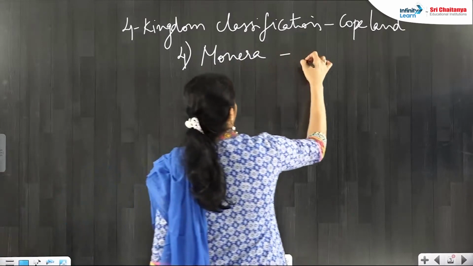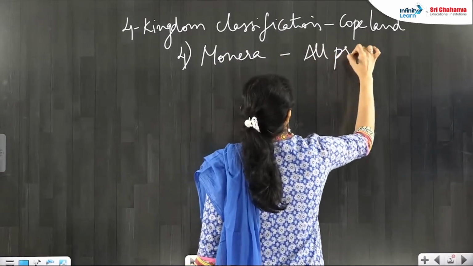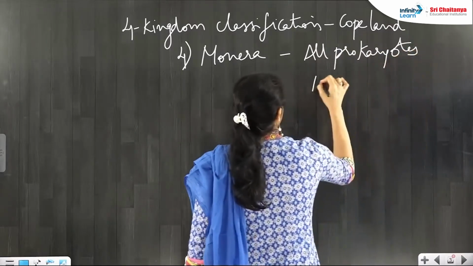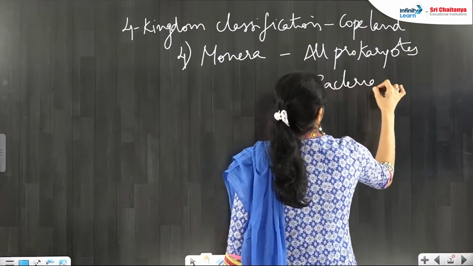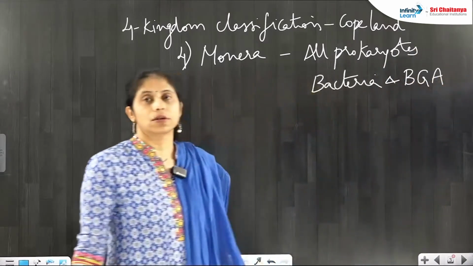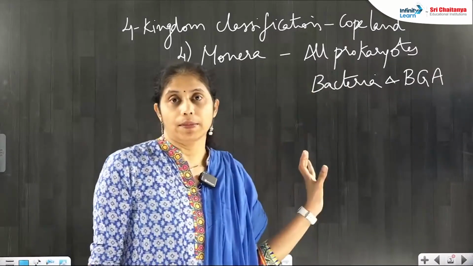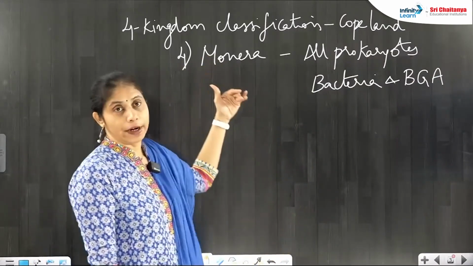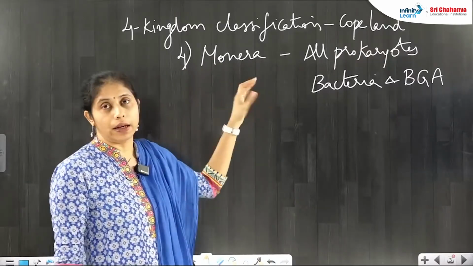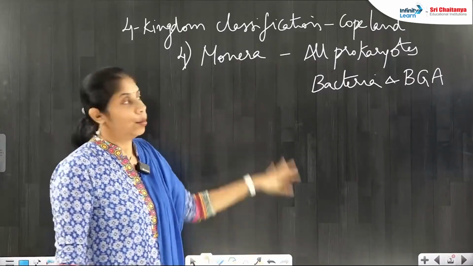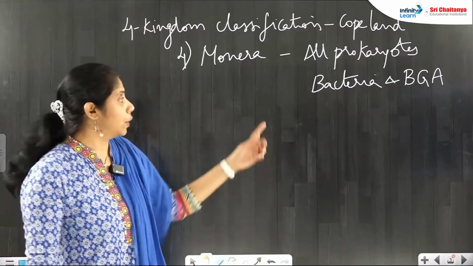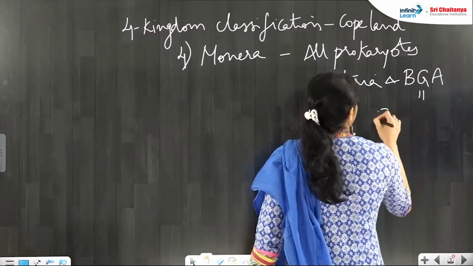He separated all prokaryotes like bacteria and blue-green algae, BGA, which are also called cyanobacteria. All prokaryotes Copeland separated from the plants kingdom and made the next kingdom called Monera. Monera includes all prokaryotes, for example bacteria and blue-green algae.